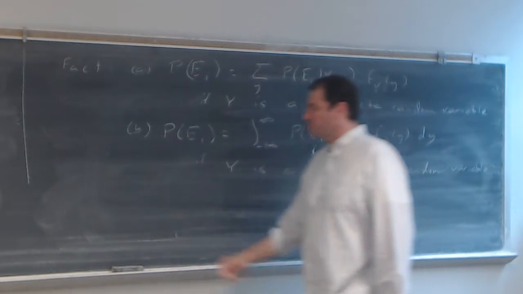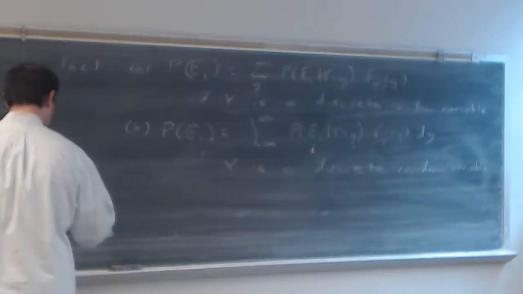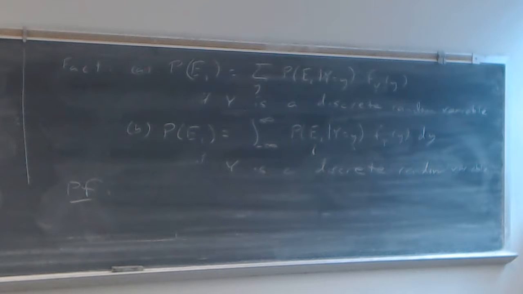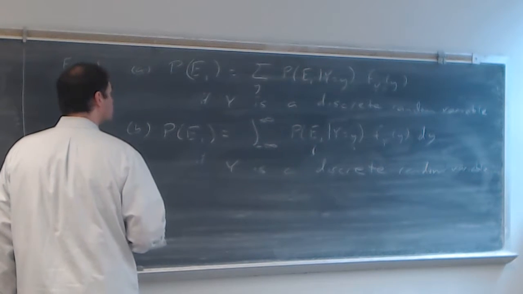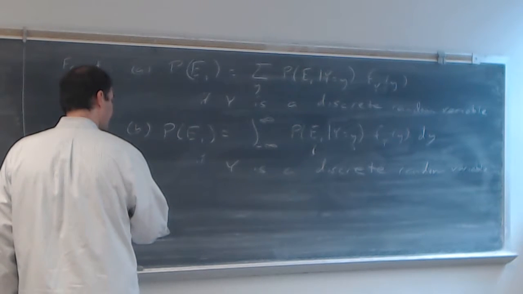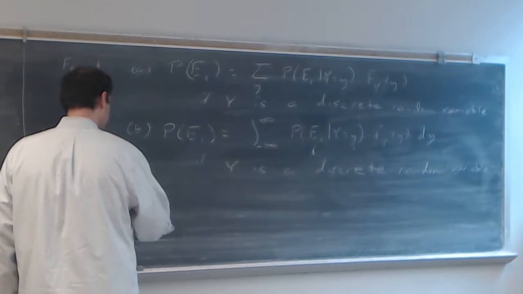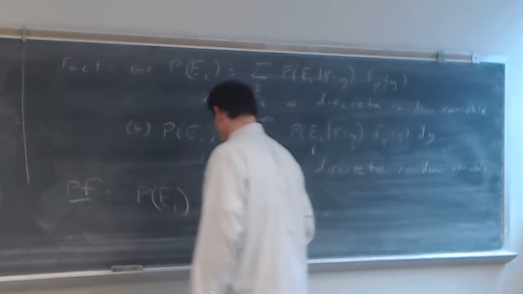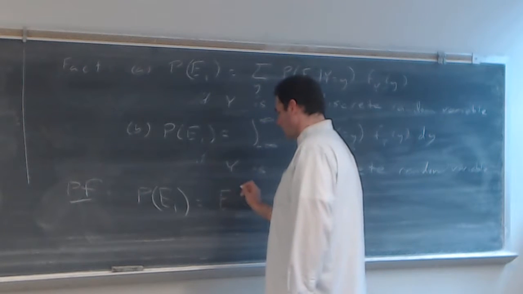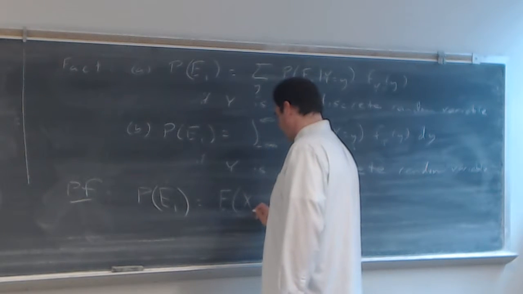Okay, so let's prove both of these. First of all, notice that the probability of E sub 1 is equal to the expected value of X sub E sub 1.